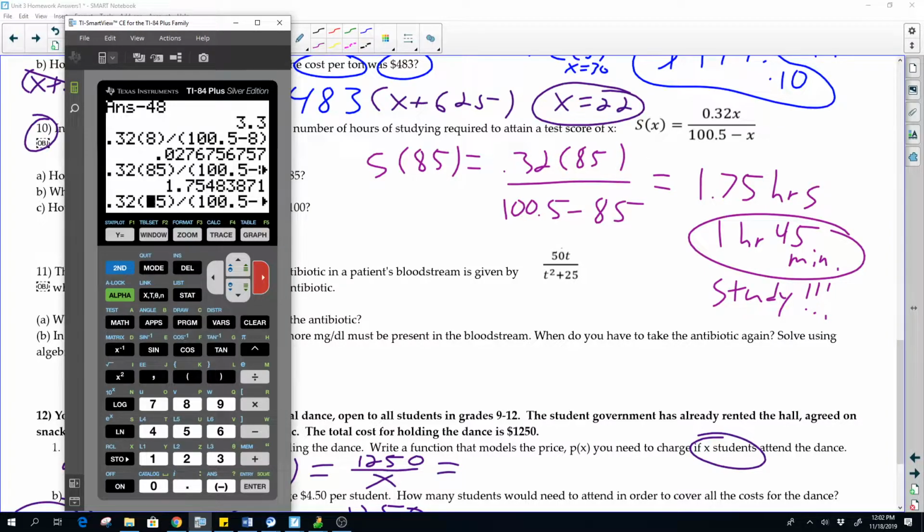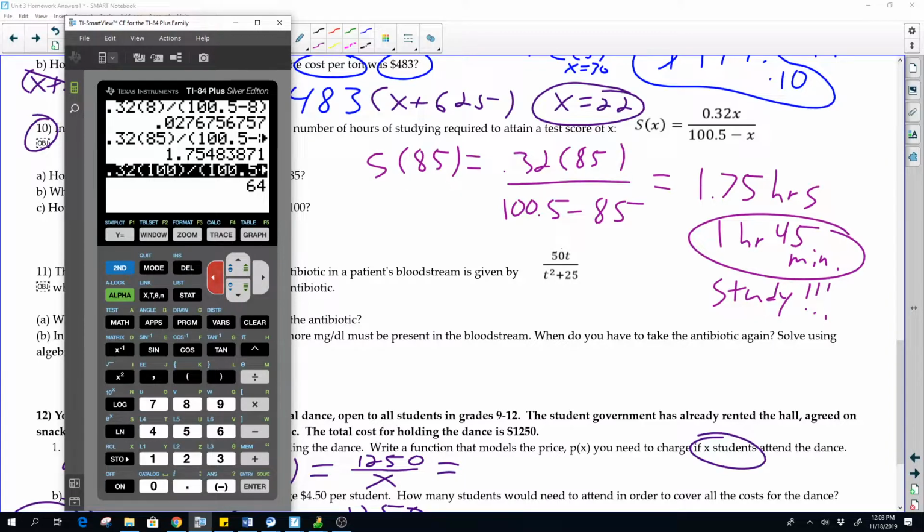Let's see. So 1, 0, second insert, 0. Cool, let's push enter. Excited? 64 hours, what the? That doesn't make sense. Where did I make a mistake? So 0.32, good, times 100, good. Let's just type it in manually.